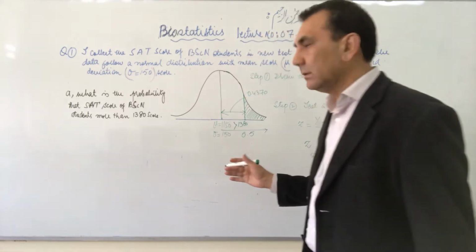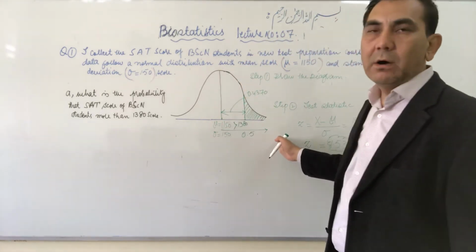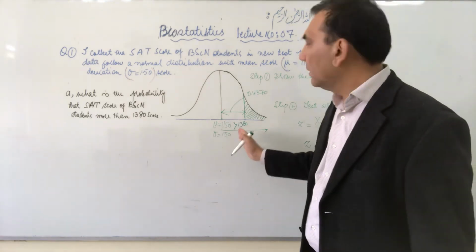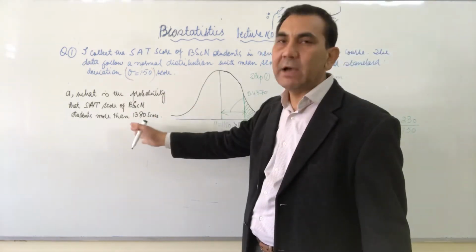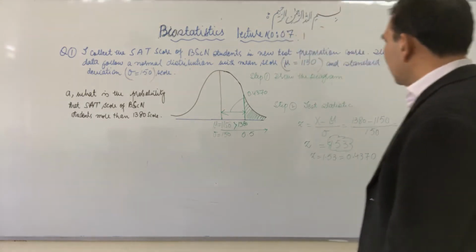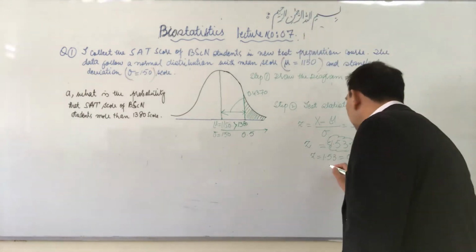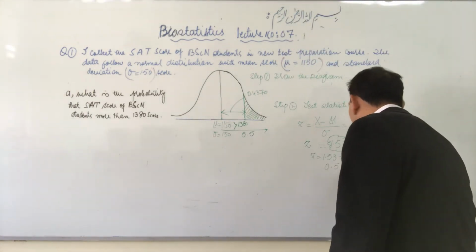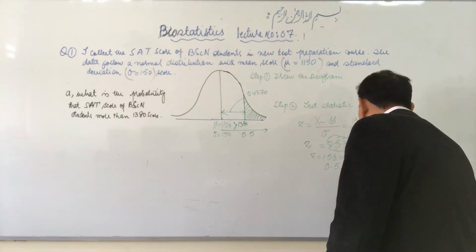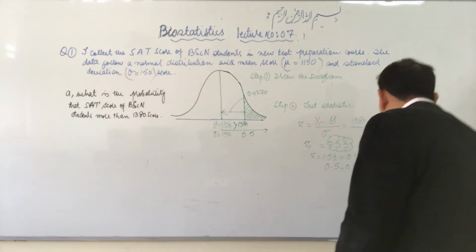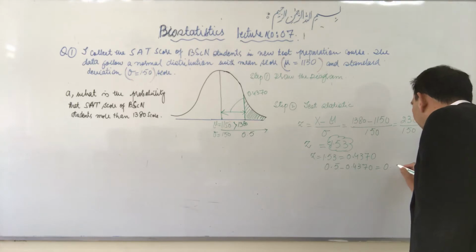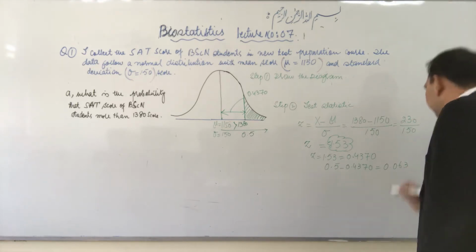We know very well that the half of the bell shape is 0.5 on the right side and 0.5 on the left side. So we subtract 0.4370 from 0.5, which is around 0.0630.